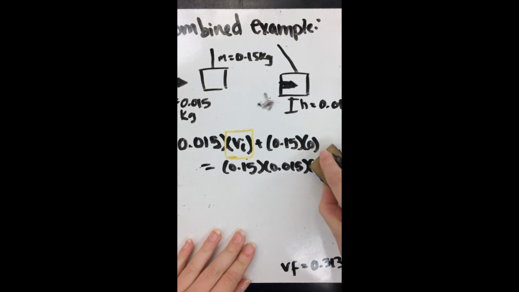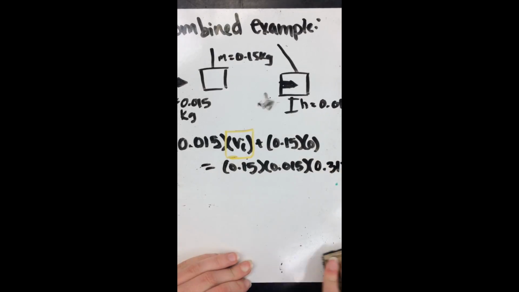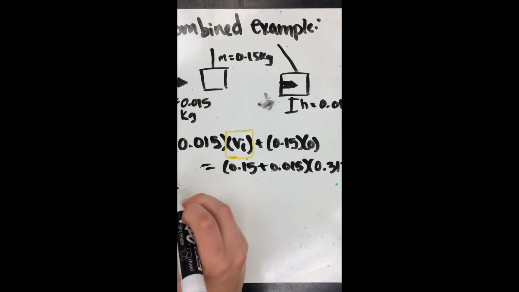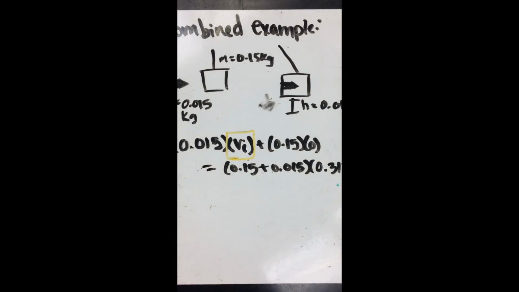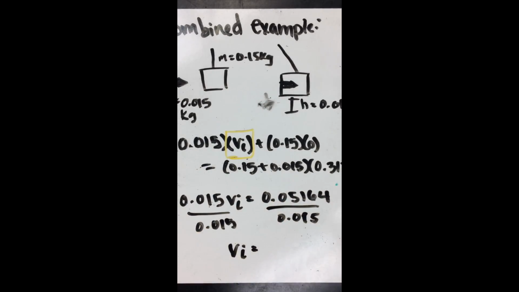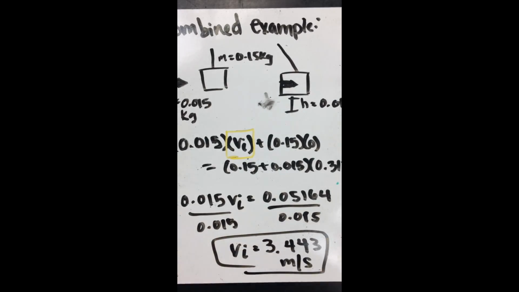The initial momentum of the bullet plus the initial momentum of the block, which equals 0 since the block isn't moving, is equal to the combined mass of the pendulum and the bullet times the Vf, which we just found, 0.313. When we solve this, we get an answer that the initial velocity of the bullet is equal to 3.443 meters per second.